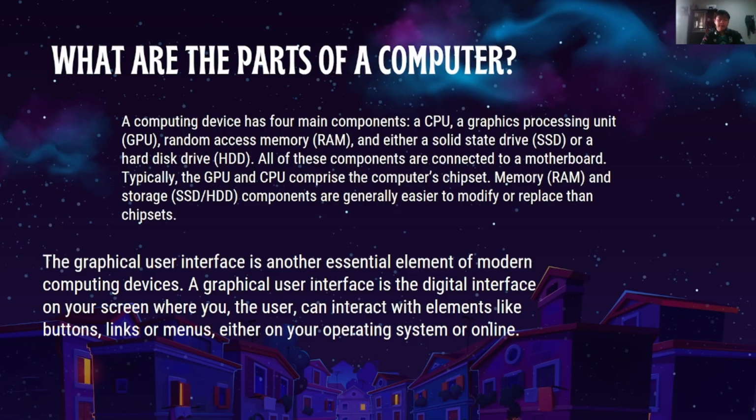All of these components are connected to a motherboard. Typically, the GPU and CPU comprise the computer chipset, while memory or RAM and storage, SSD or HDD components, are generally easier to modify or replace than the chipset.